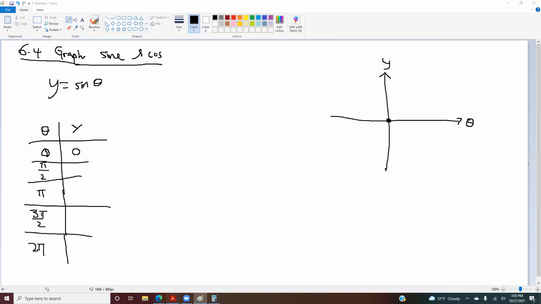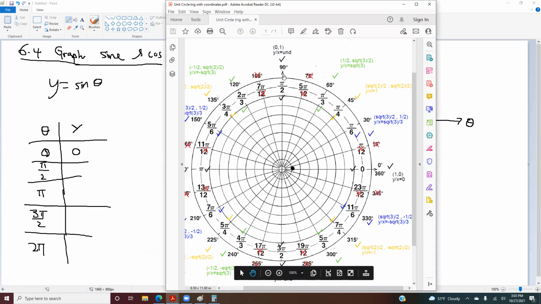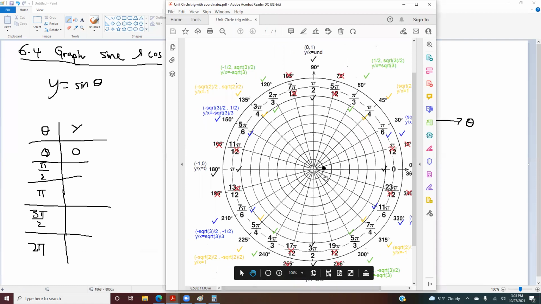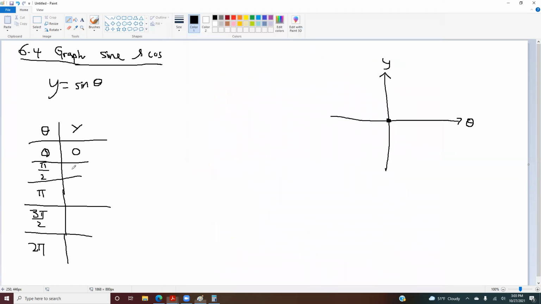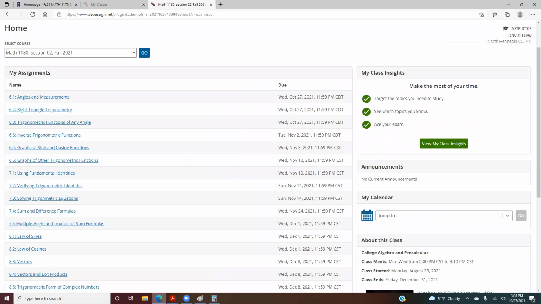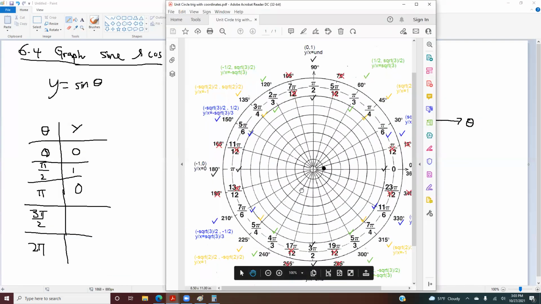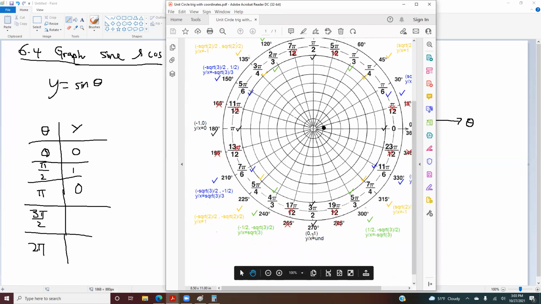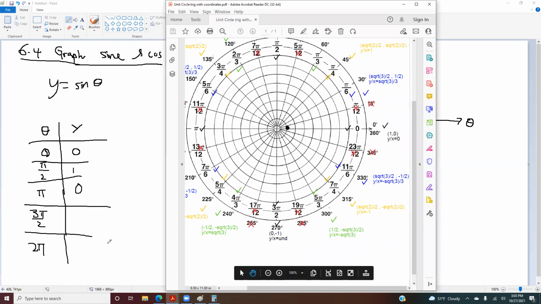Now we do pi over 2, the one that goes to 90 degrees. What is sine pi over 2? It'll be 1. And then what happens when you go to sine pi? You get 0. And what happens when you go to sine 3 pi over 2? It'll be -1, and then sine 2 pi is back to 0.